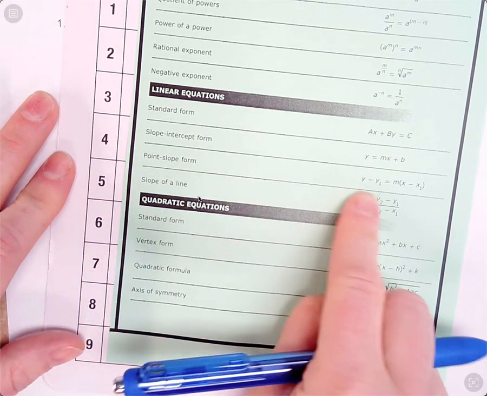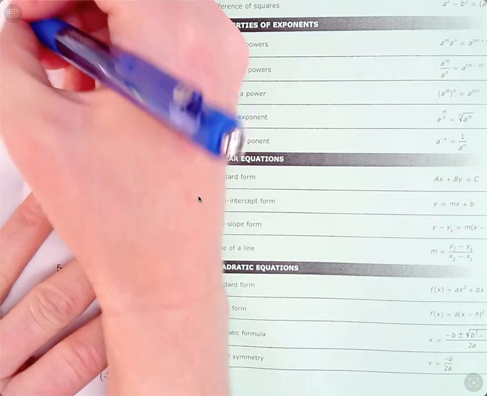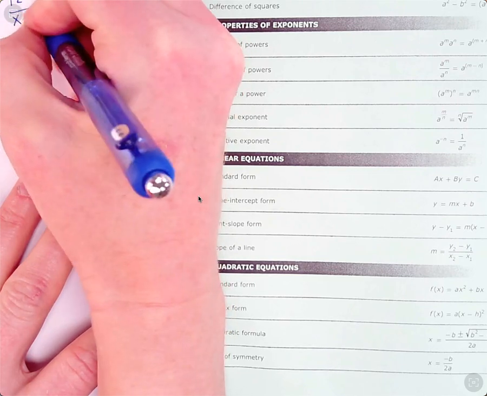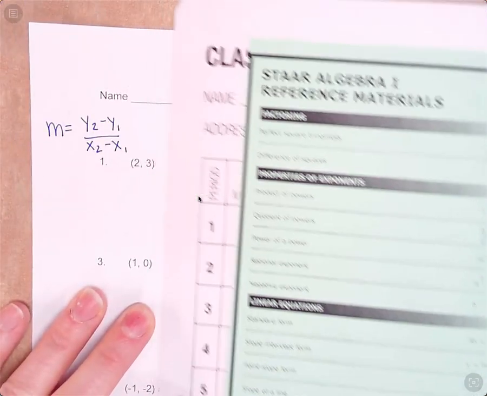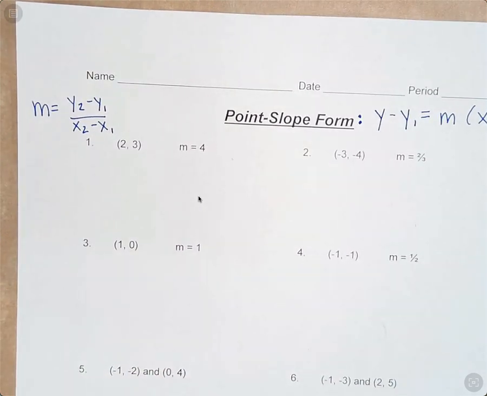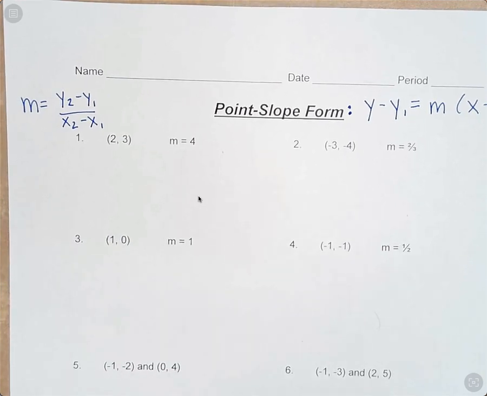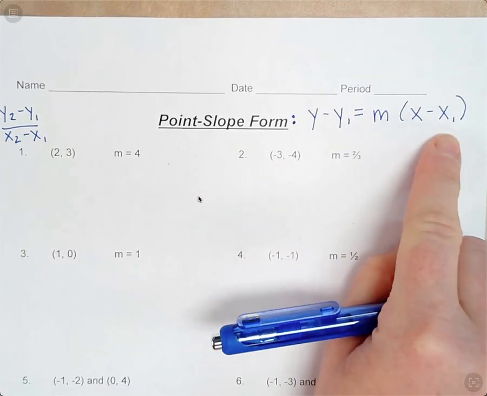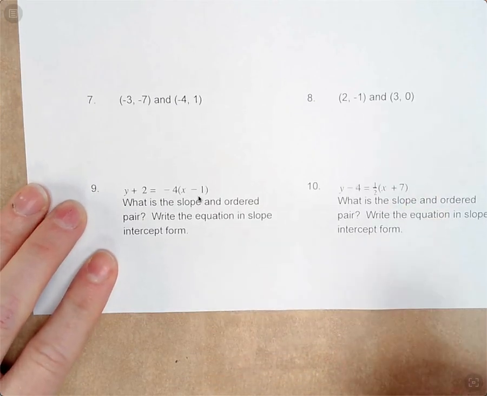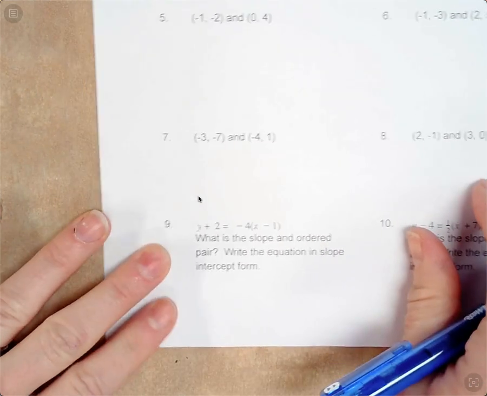We have point slope form is here also. y2 minus y1 over x2 minus x1. So you have your formulas written down on your paper. So you can go ahead, you can do those. So you'll first have to find your slope and then use your slope formula using your x1, y1. 9 through 10 is you're finding the slope in the ordered pair and then writing the equation slope-intercept form.